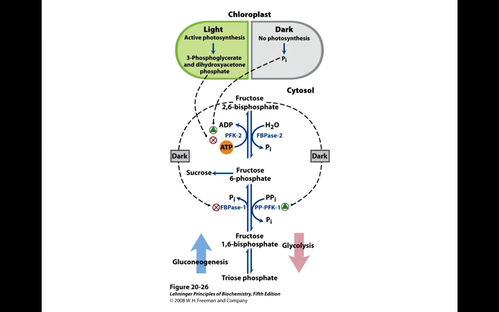As you can see in the dark reactions, it's going to activate a kinase 1 that's going to allow us to get our fructose 1,6-bisphosphate, which is going to allow us to get our triose phosphates. And then it's also going to regulate this component, so it's going to stop our sucrose synthesis as we go through.